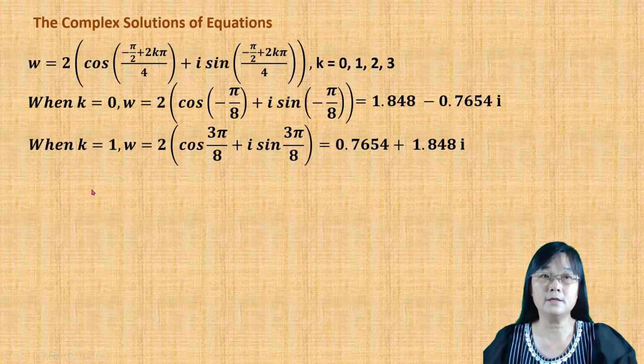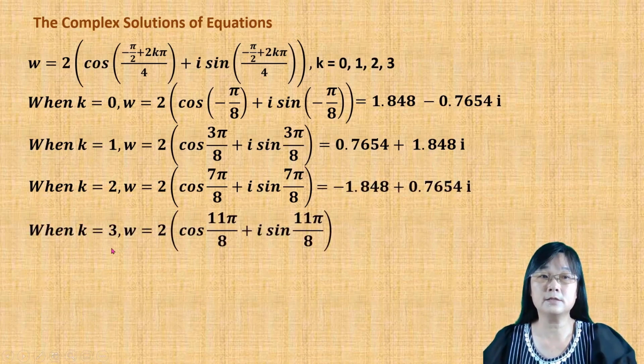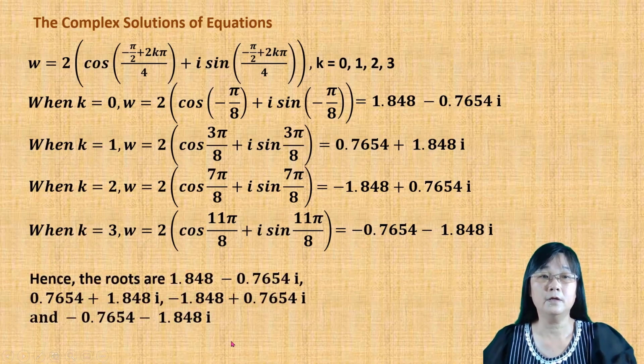For k equal to 2, the argument is 7 pi over 8, and in Cartesian form that is this one. When k is equal to 3, the argument is 11 pi over 8, and in Cartesian form the answer is this one. So therefore, the roots for this equation are these.